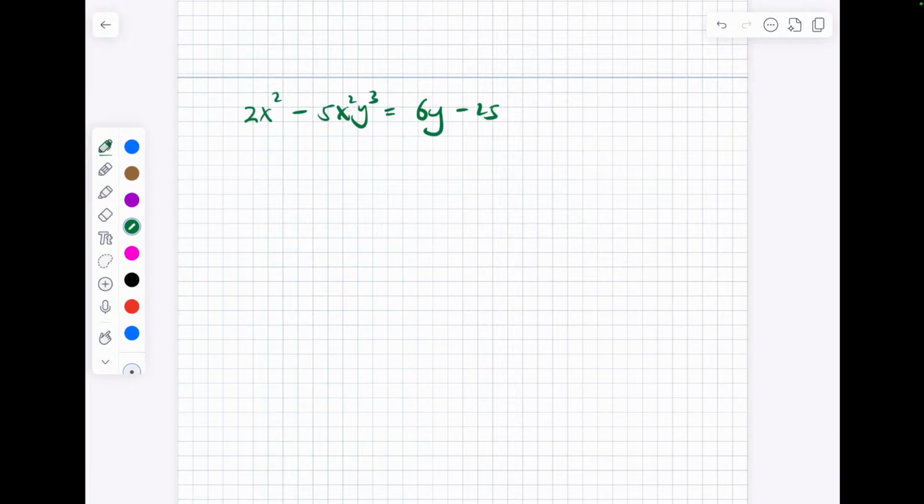Max? Pi r squared times height. Thank you. Okay, so what will be the surface area though? That's a tough one. Yes, Emily?